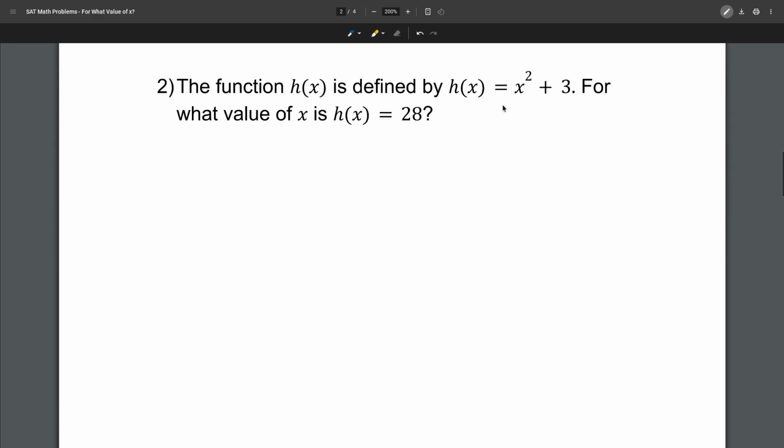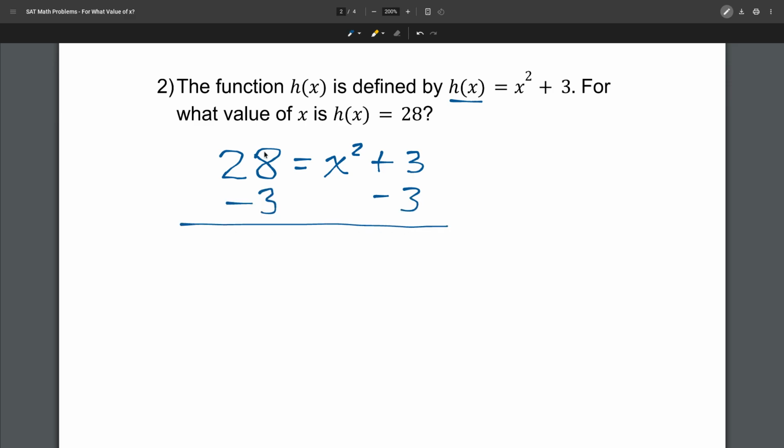The function h of x is defined by h of x equals x squared plus 3. For what value of x is h of x equal to 28? So this is going to be 28. So we're going to say 28 equals x squared plus 3. We're going to subtract 3 from both sides here. 28 minus 3 is 25.